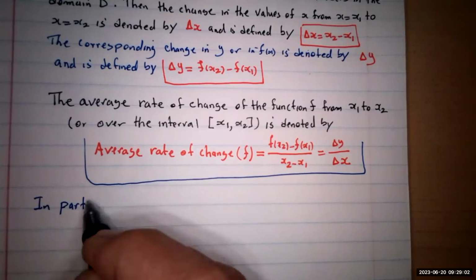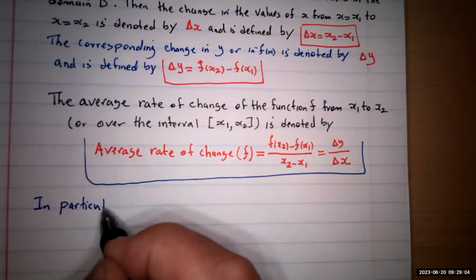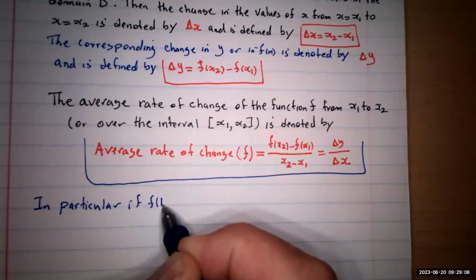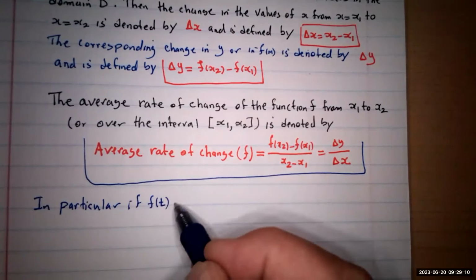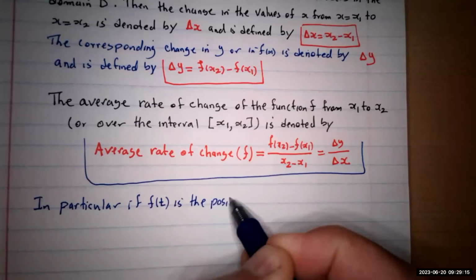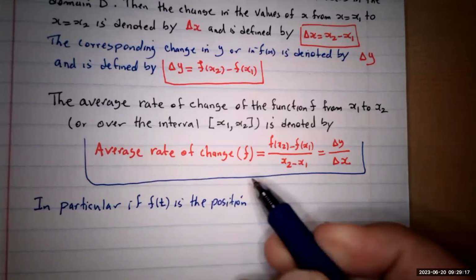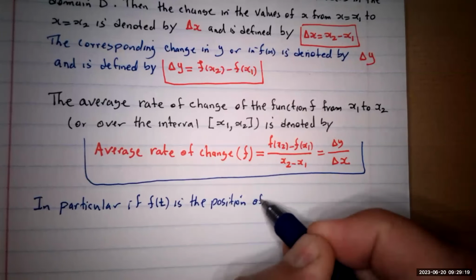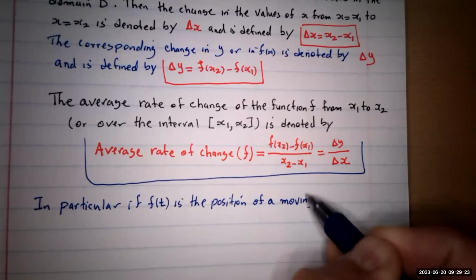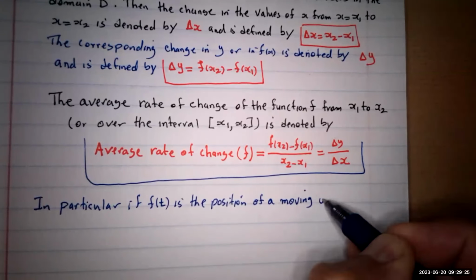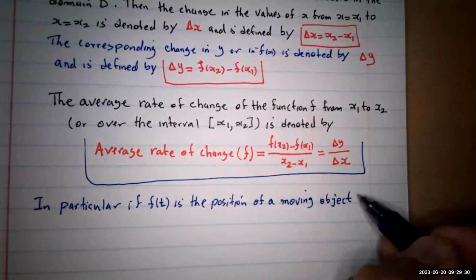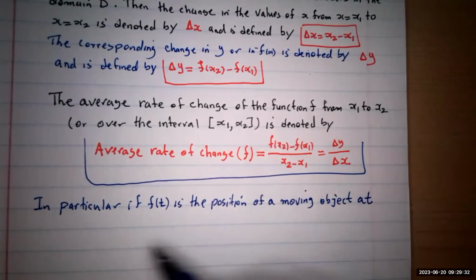So in particular, if f of t is going to be the position function, the position of a moving object at the time t.